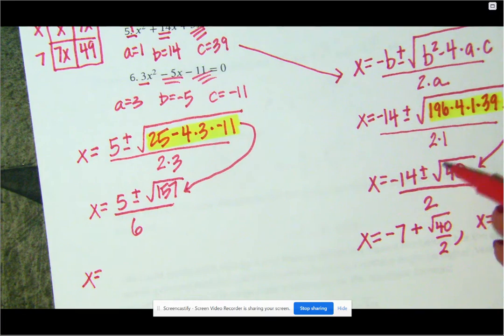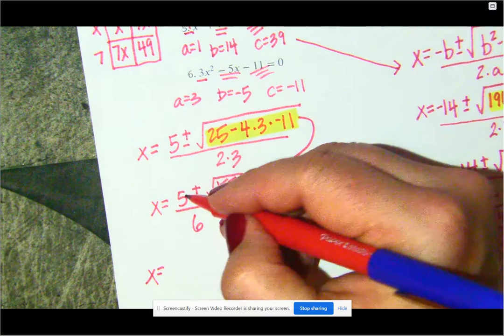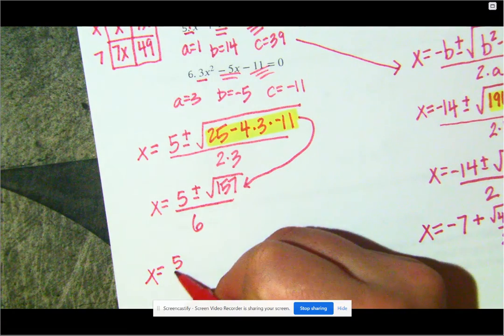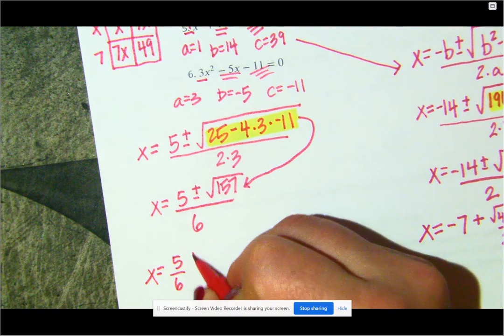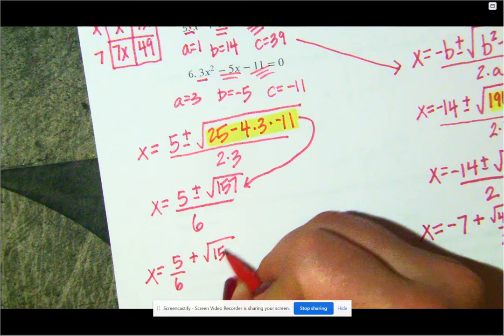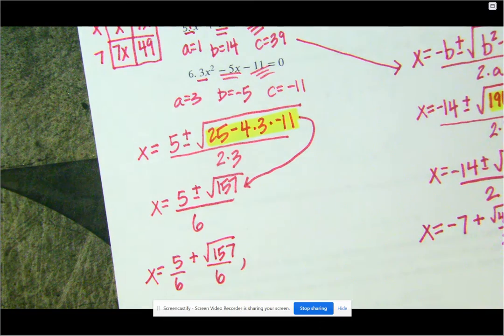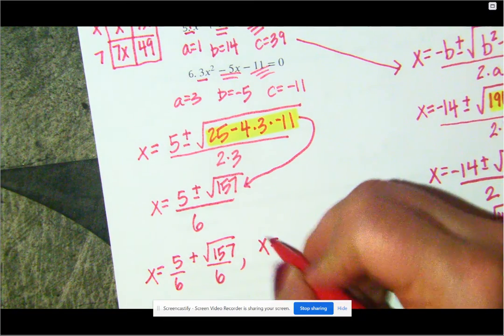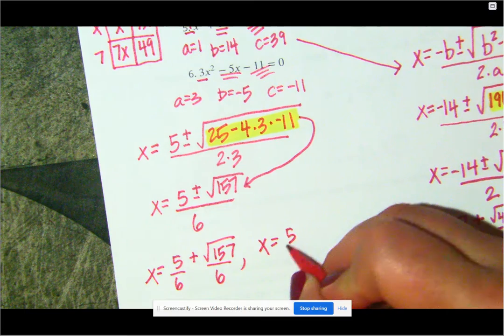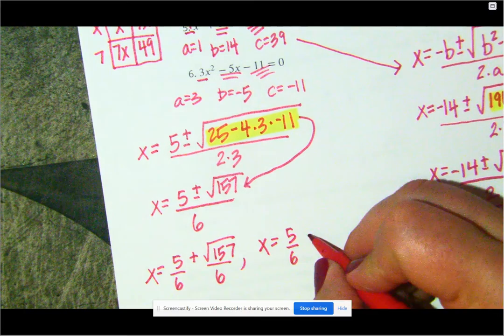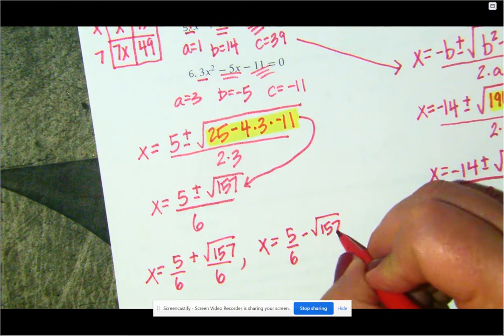And then I just left that part after both. But this one, 5 divided by 6 plus the square root of 157 over 6 and 5 over 6 minus the square root of 157 over 6.